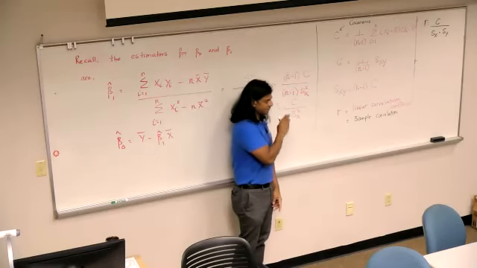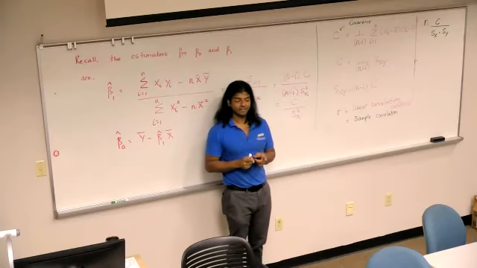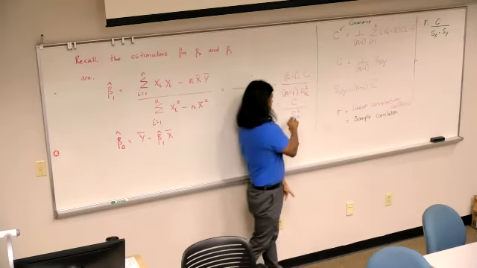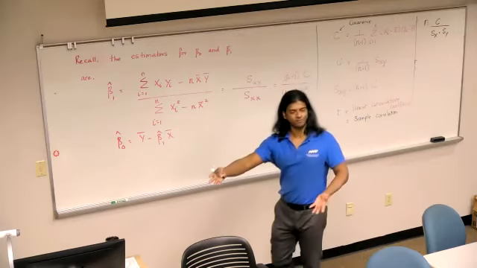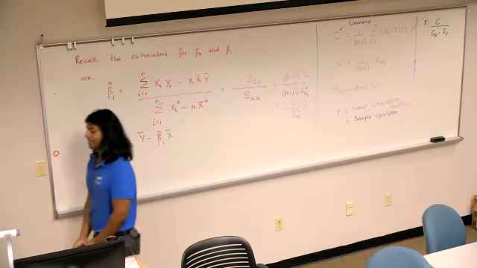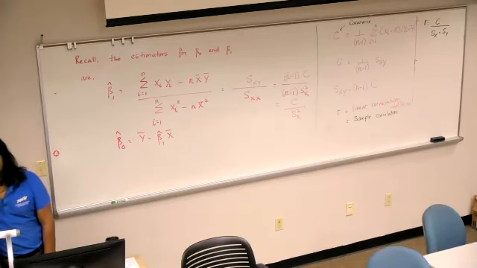If Sx squared is the variance of x, what is the square root of Sx squared? The square root of variance. Standard deviation.